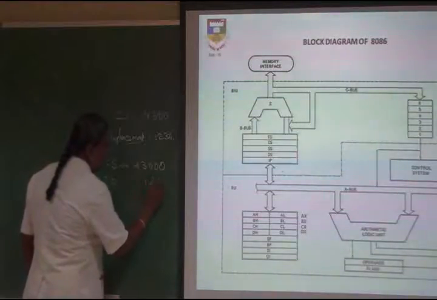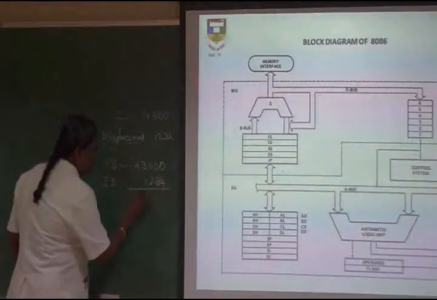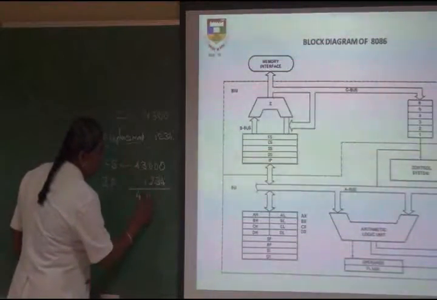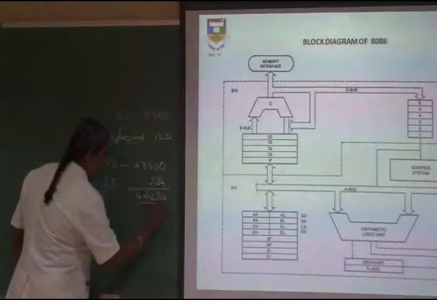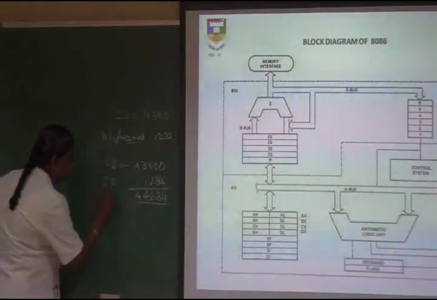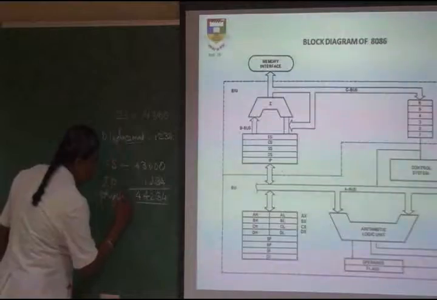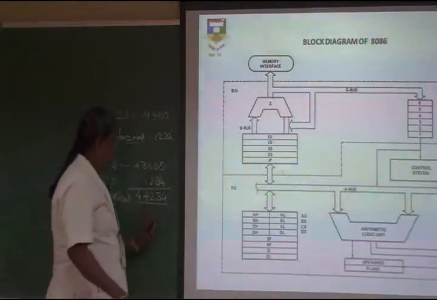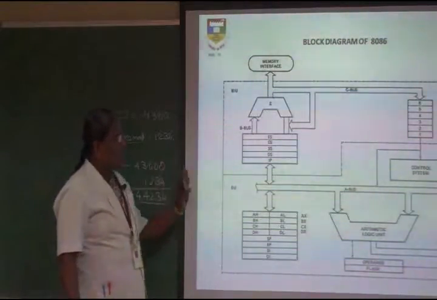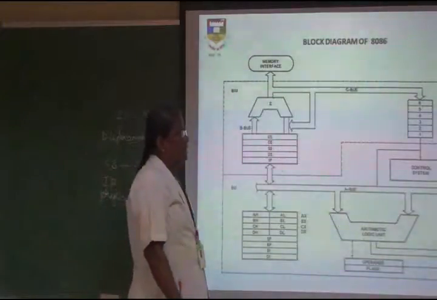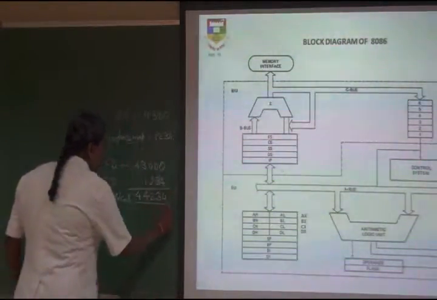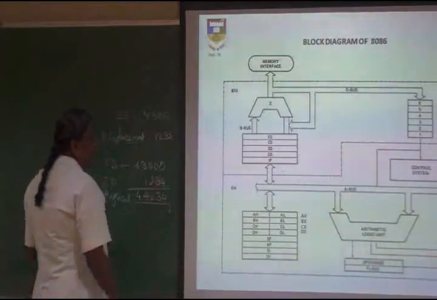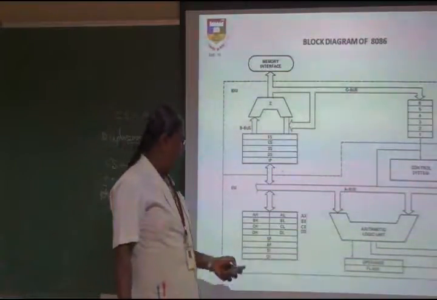So this will be added, and the result is 44234. So the physical address is 44234. This will be sent out to the processor. The data will be retrieved from this address and sent to the execution unit.